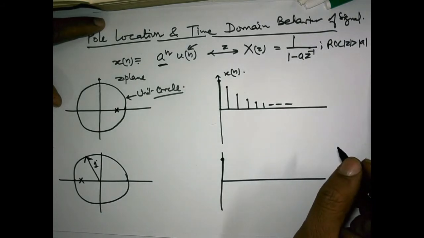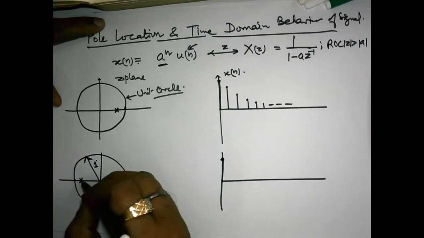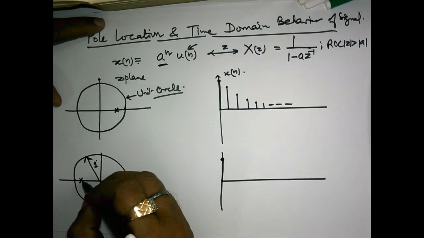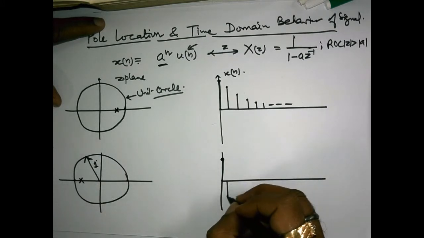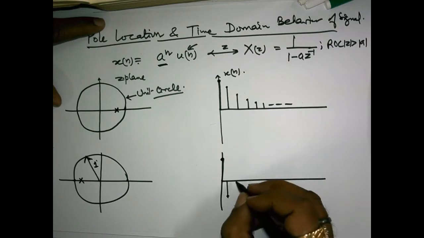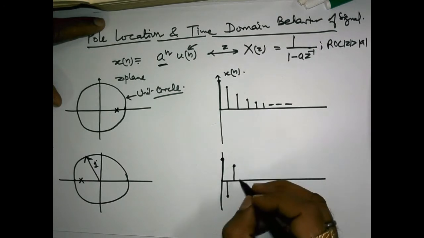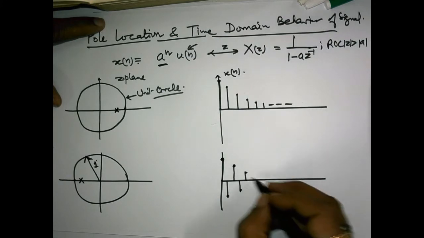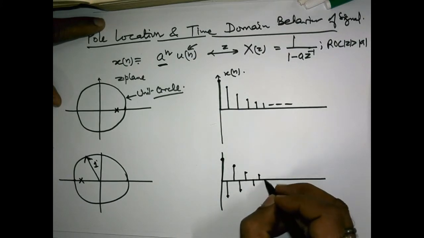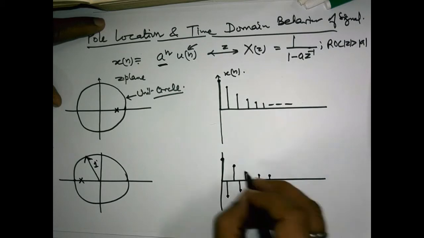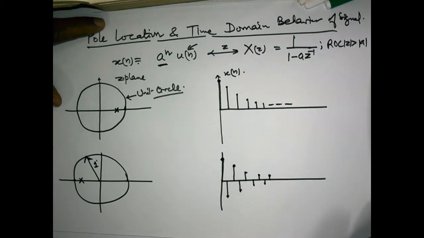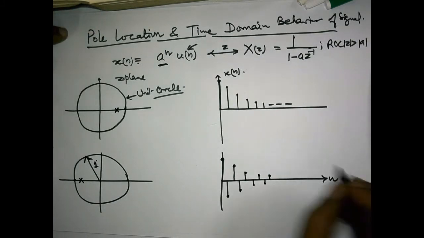The very first sample will be minus a to the power 0, which means 1. The second sample is minus a. Then minus a square means this will be positive in strength. This means the signal will appear something like this. This means it will also decay with n.